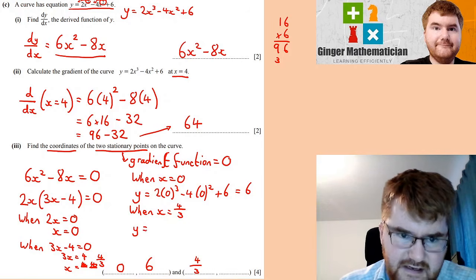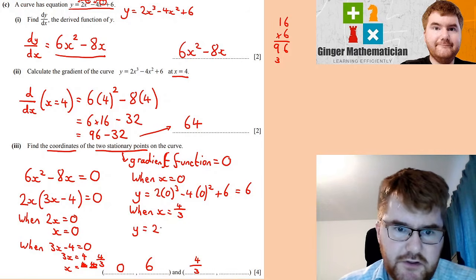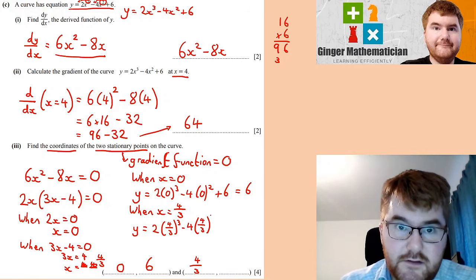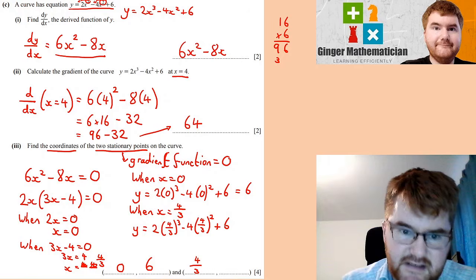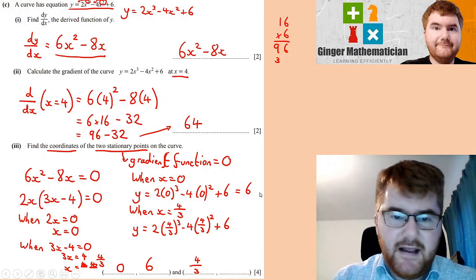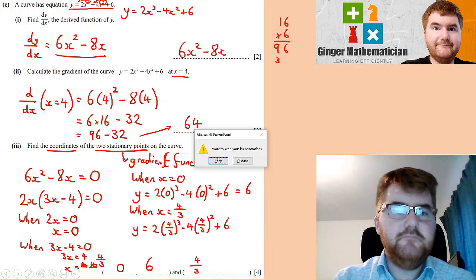I'm going to write this out for the examiner. So we've got 2 lots of 4/3 cubed minus 4 lots of 4/3 squared plus 6. Now this is one where I certainly wouldn't work this out in my head, so I'm going to go to my calculator and work it out there.